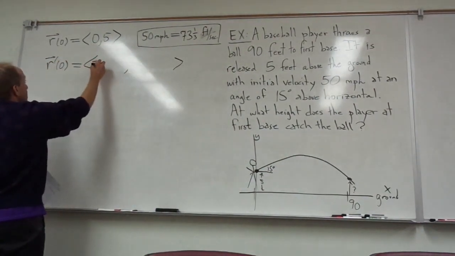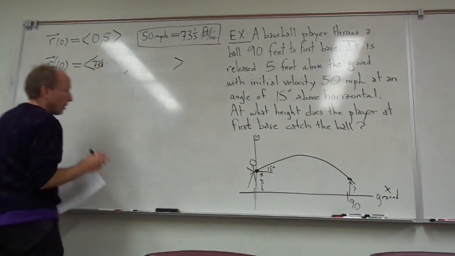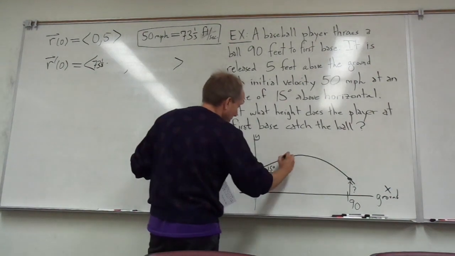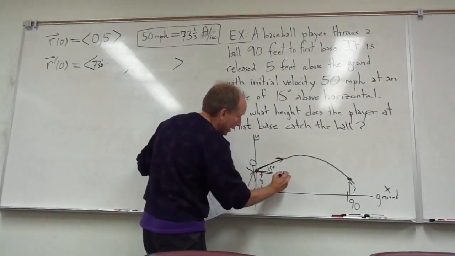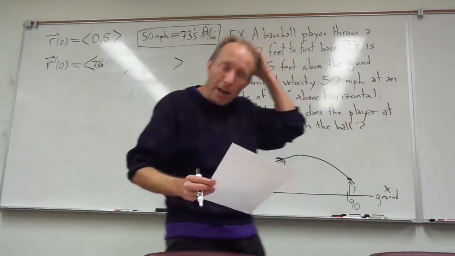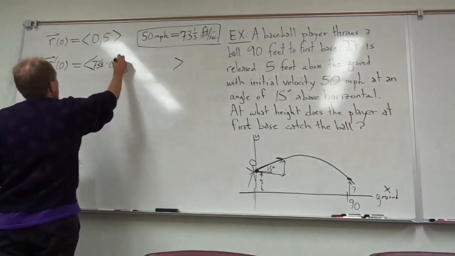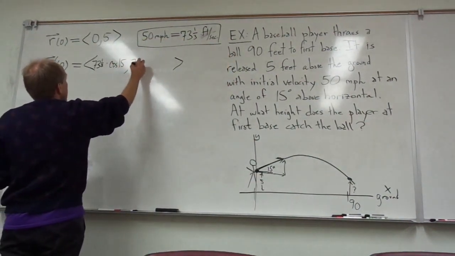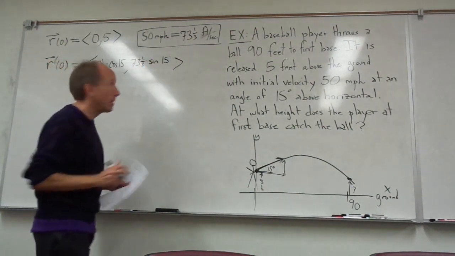So what that means is that if this is 73 1/3, the speed here in this direction, I have to figure out what are the x and y components of that velocity. So that's going to require me to take the cosine of 15 for the x-coordinate, and for the y-coordinate, the sine of 15 degrees.